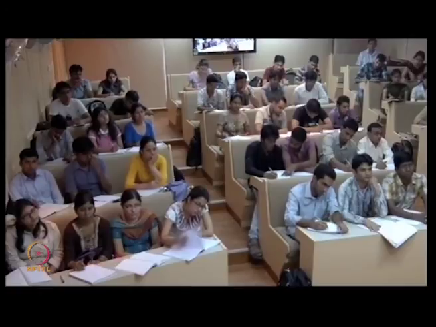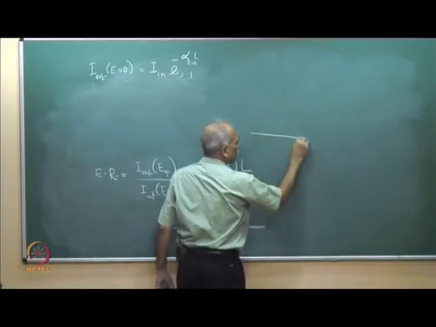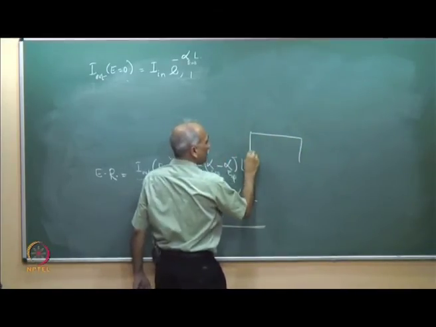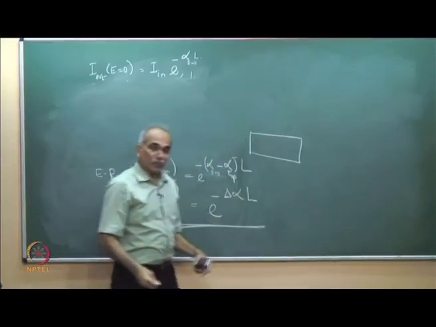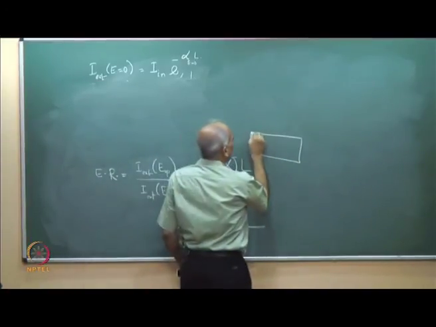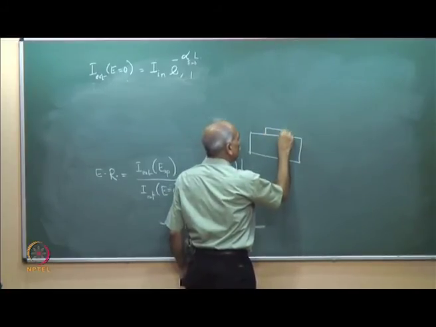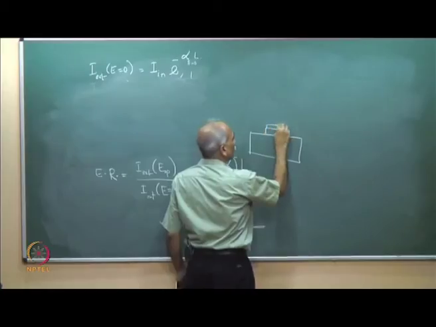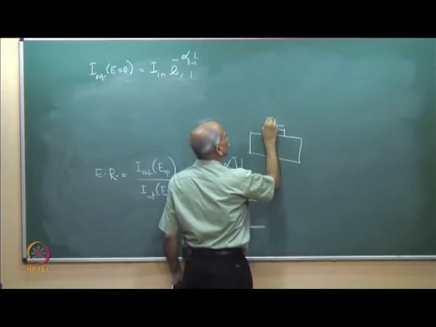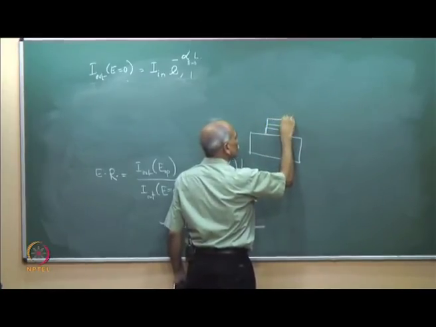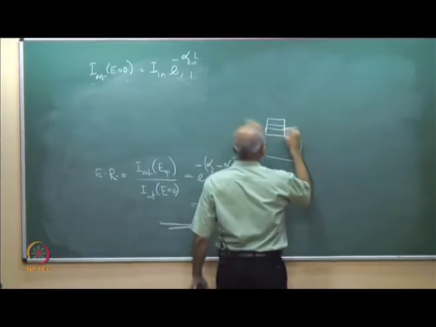So, the current devices are, let me show you first the 3D picture. It is much easier to fabricate and much easier to realize. I will first show you the structure and then I will explain what the structure is.